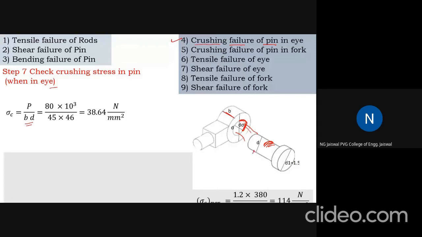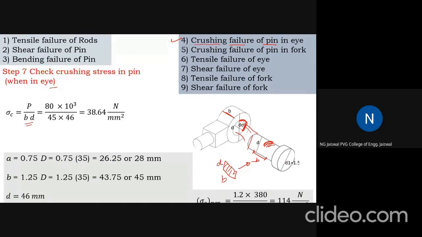So the projected view of this will be a rectangle, because if you see from this end, you will see one rectangle of length B and this height D. So B into D becomes the area under projection. Accordingly, I have written B into D because it was already mentioned. This was B. We already found out B. Putting this equation here, 38.64, we get the answer.